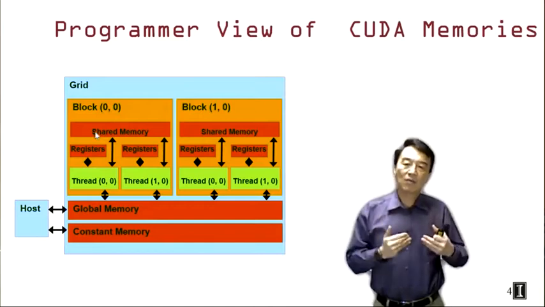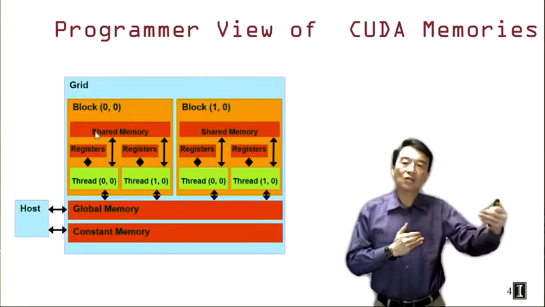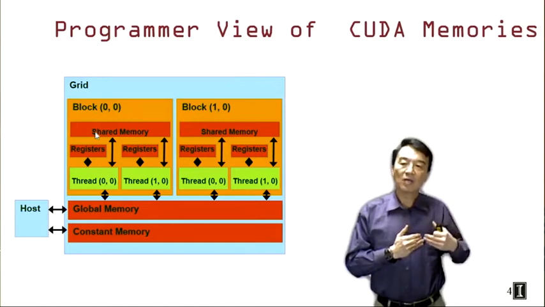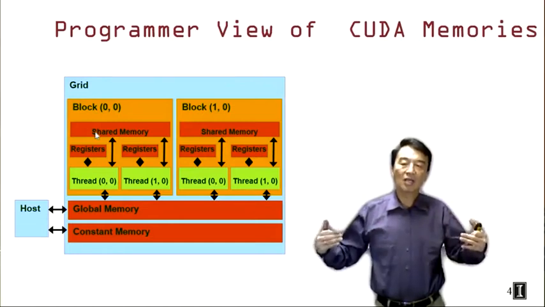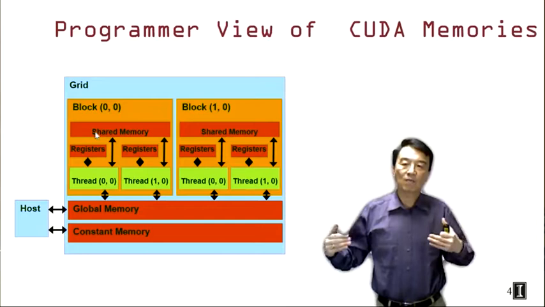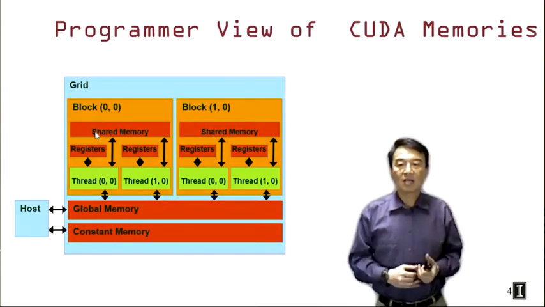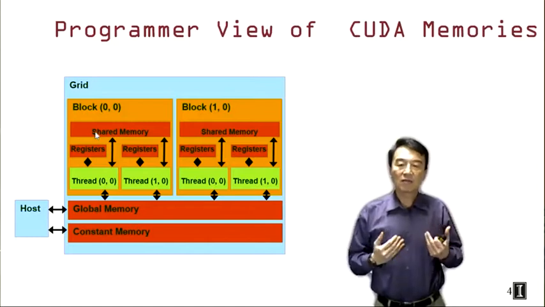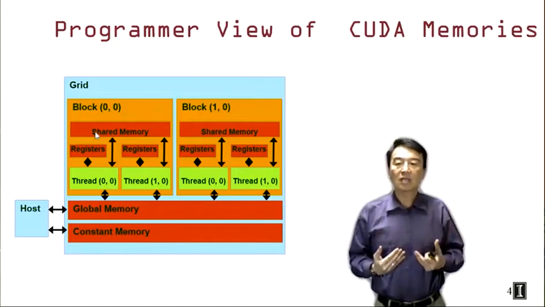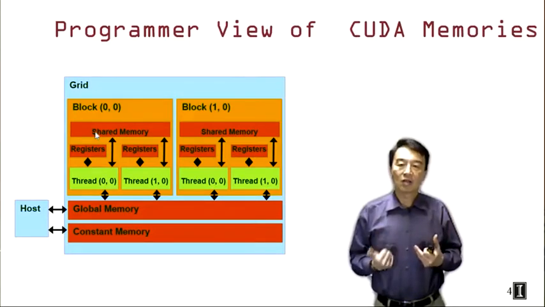The other thread blocks will also be reading and writing into their own shared memory, but the data in the shared memory of each thread block will not be visible to the other thread blocks. So this quickly summarizes the nature of the global memory, registers, and shared memory.